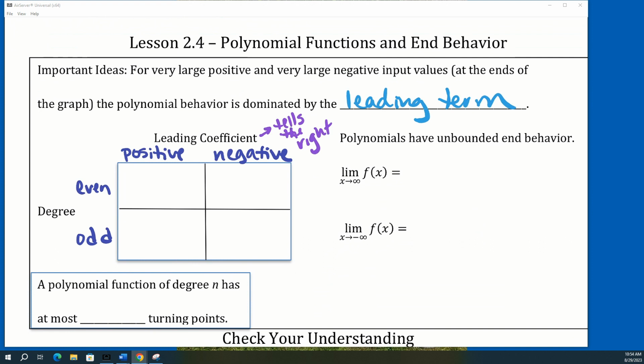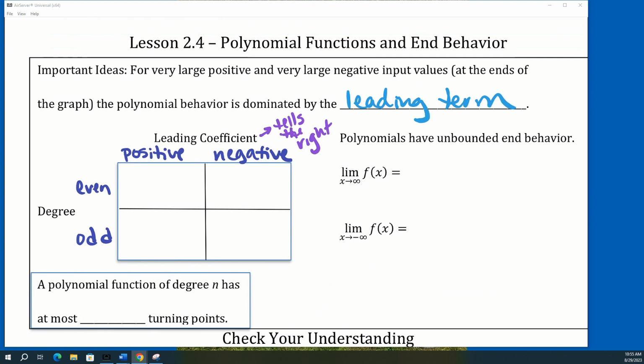If the leading coefficient is positive, I know the right side is going to be pointing upward. So positive leading coefficient, the right side's up. Negative leading coefficient, the right side's down. Now, how do you know what the left side does? That's where even and odd is going to come in.